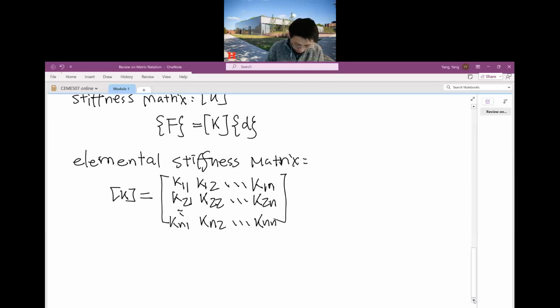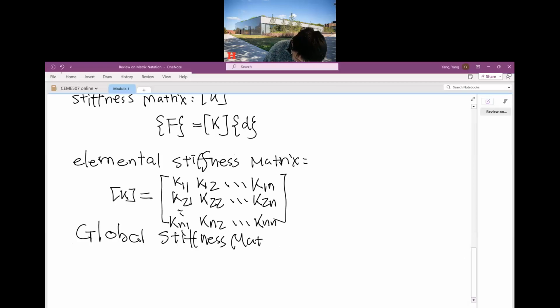So similarly, based on the elemental stiffness matrix, we can have the global matrix.